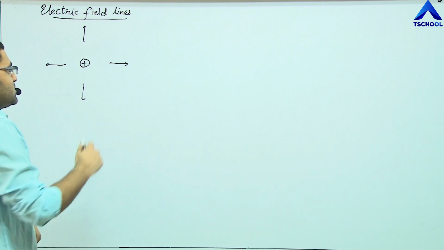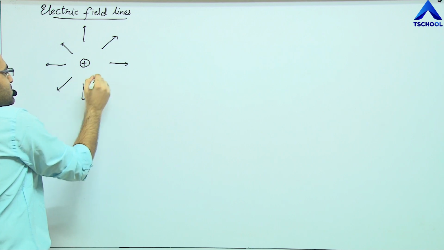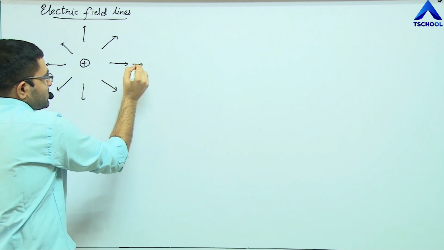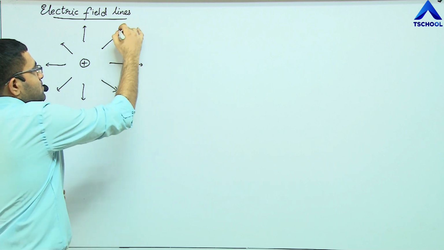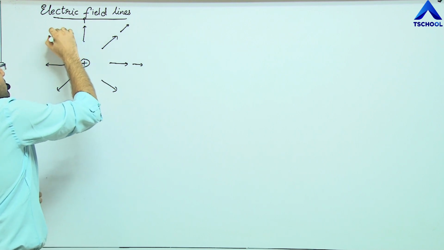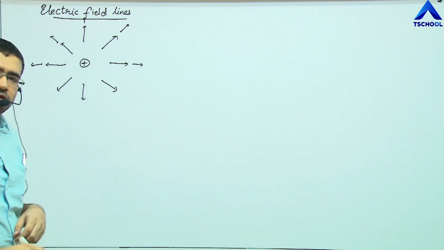Just like that over here as well. But I hope you remember that's not it. Over here we have electric field intensity with less magnitude, which is why a shorter arrow indicates the field at those points.